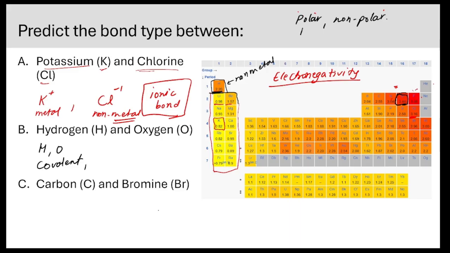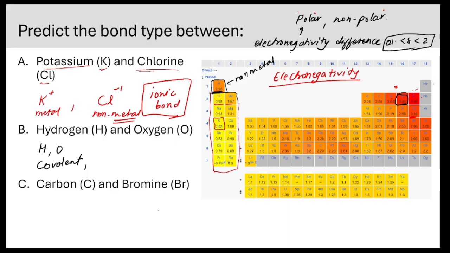We said for a polar covalent bond, the difference in electronegativity will be from 0.1 to 2.